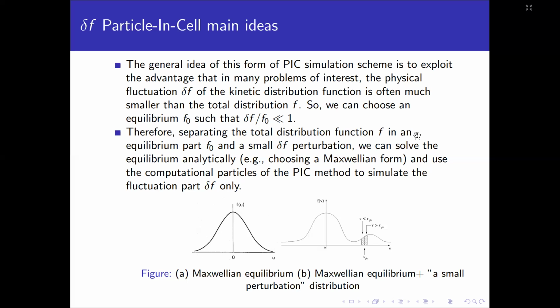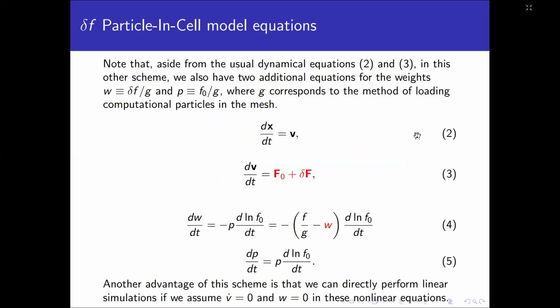So if we do that, these are the general equations that we are using for the delta F particle in cell. As you can see, we have the classic two equations of the particle in cell, for example, the evolution of positions and velocities, but also in this new scheme, we have these other equations that are the evolution of these other two parameters, right?